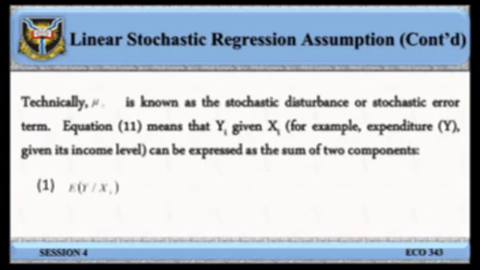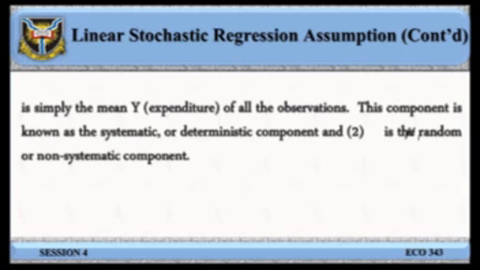Equation 11 means that Yi given Xi, for example, expenditure Y given its income level, can be expressed as the sum of two components. One, E(Y|Xi) is simply the mean Y expenditure of all the observations. This component is known as the systematic or deterministic component.